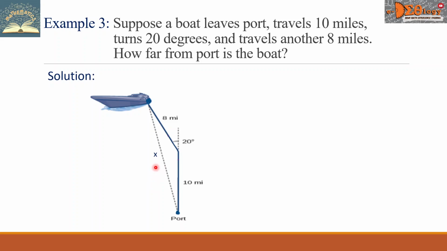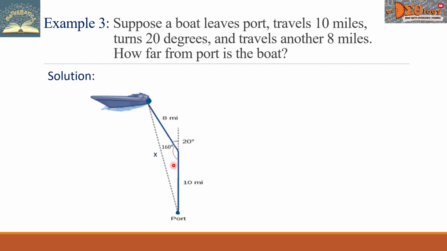Let this be x. We can see now we have a triangle here. We need to know this angle, the interior angle. Considering the 20 degrees in here, we can see that the interior angle and the 20 degrees are supplementary angles. That means this interior angle is 160 degrees.